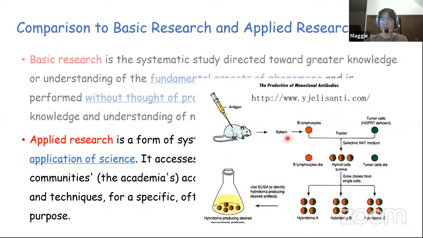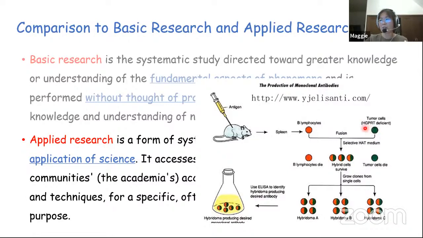And inside the spleen, the B lymphocytes, B cells, produce antibodies. So for this applied research, we want to immunize mice with the antigen and produce antibodies. However, these B cells cannot proliferate forever in vitro. On the other hand, tumor cells can proliferate or immortalize in vitro.